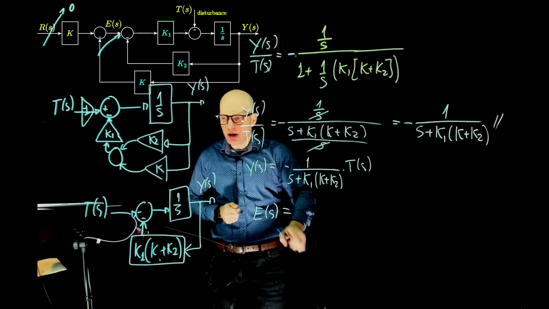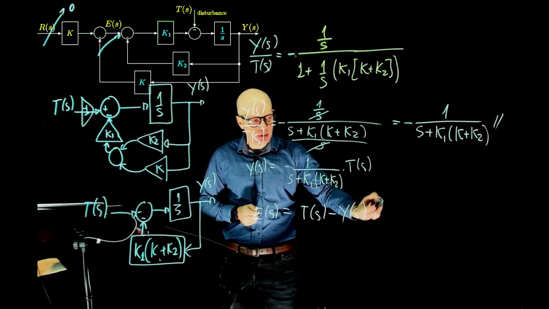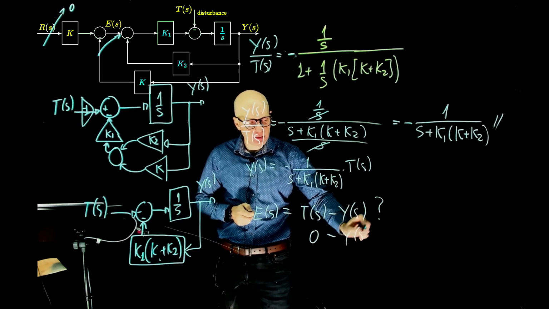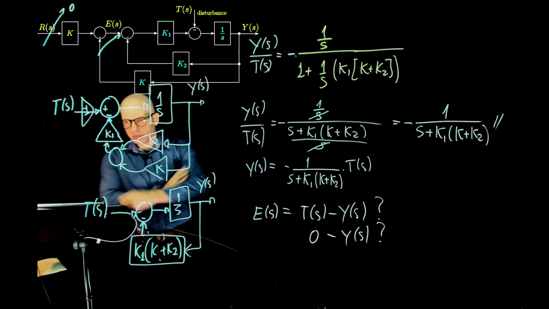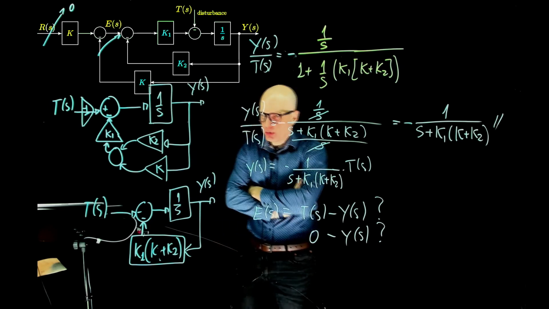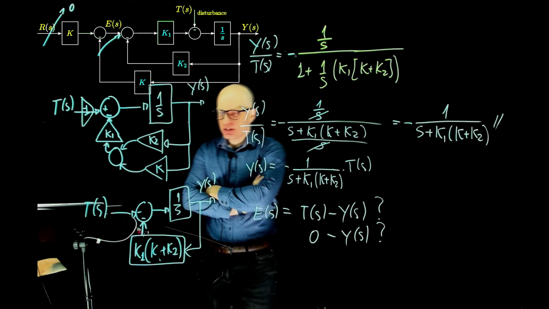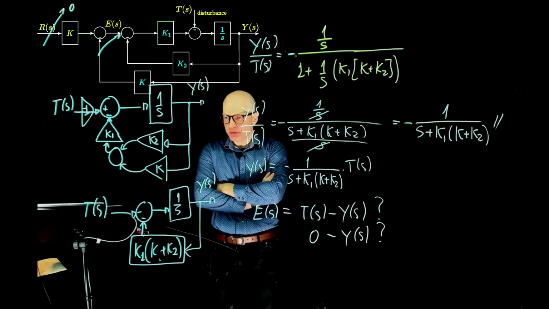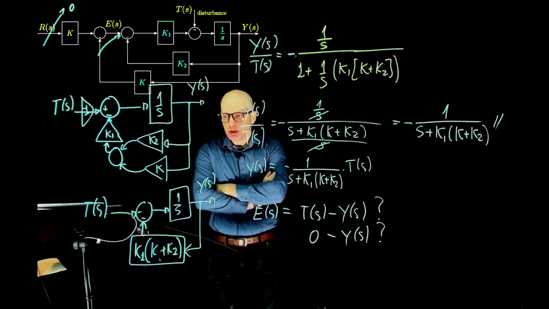Is the error T of s minus Y of s, or is the error 0 minus Y of s? What is our desired input to the system? R of s, which is 0. So it should be the second one.